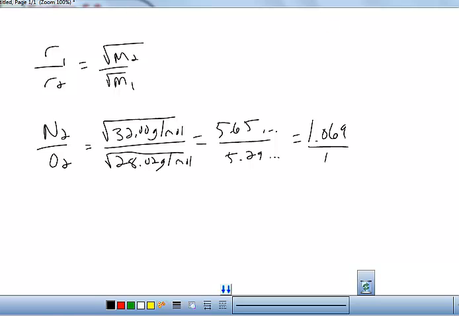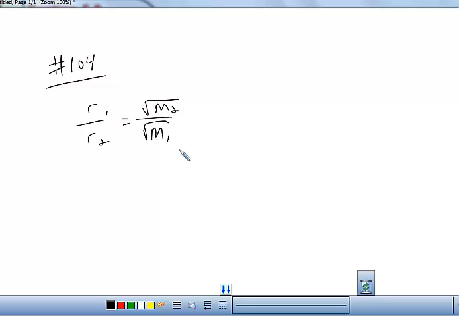All right, the other problem that's on there is number 104 in your book in Chapter 5. This is on page 230. And again, we're going to use the same equation. R1 over R2 equals the square root of M2 over the square root of M1.